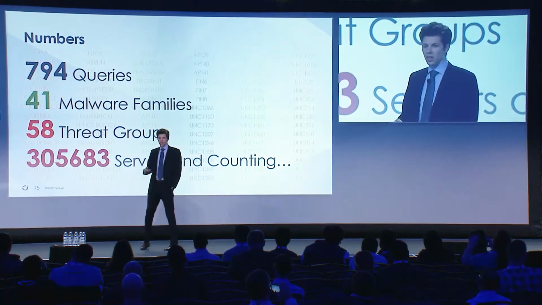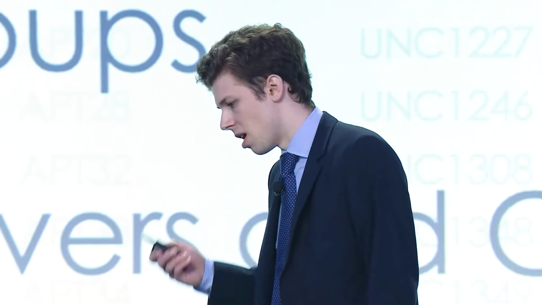We're now over 800 total queries across 41 malware families, 58 threat groups, and well over 300,000 servers and counting. And I think this really speaks to not only the value of the data set, but the value of taking your existing threat intelligence and applying it.